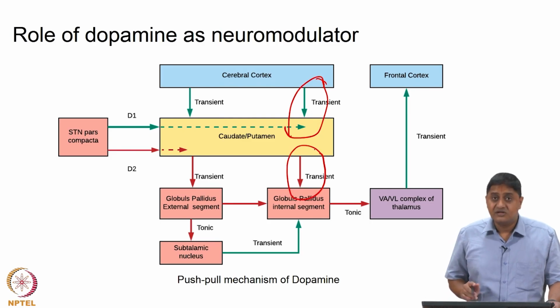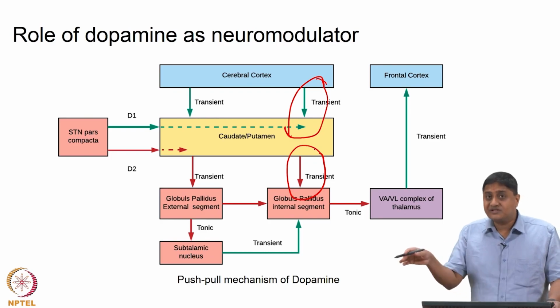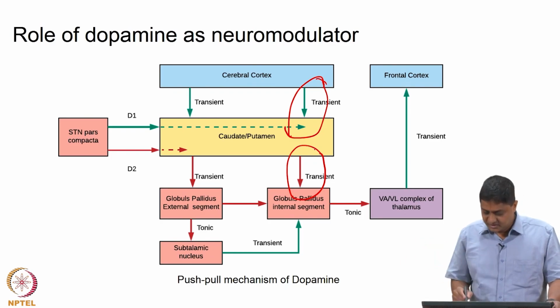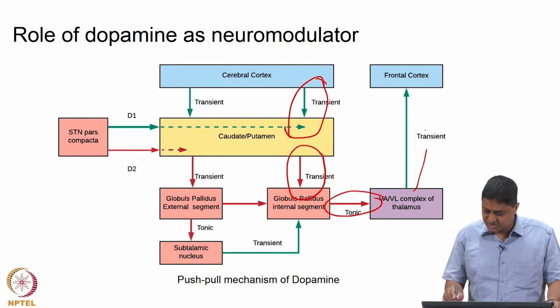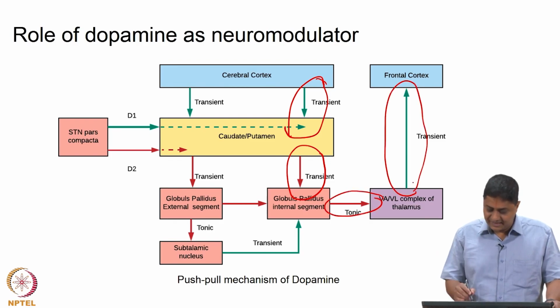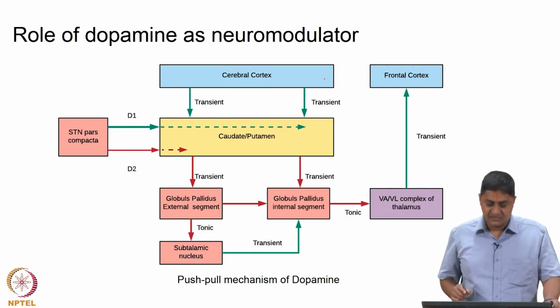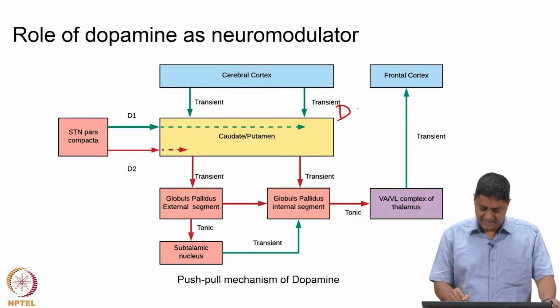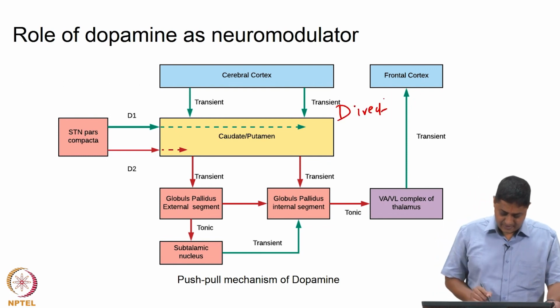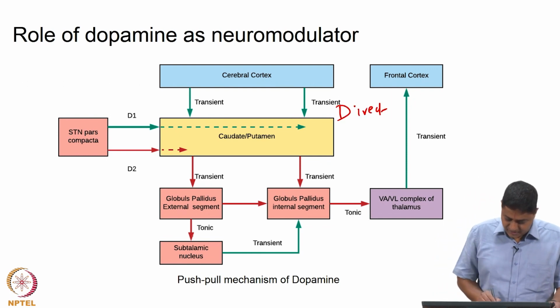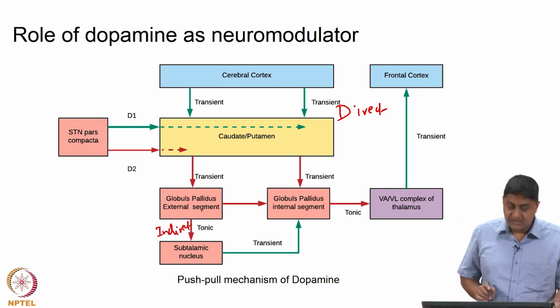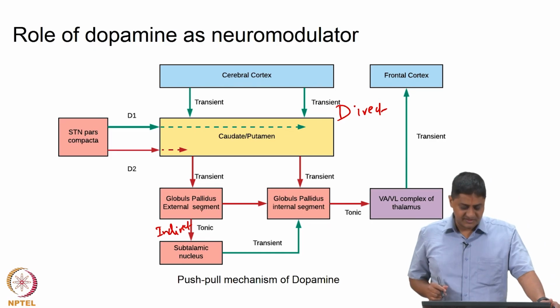That is the pathway straight from the striatum to the GPi, which is the output nucleus, and from the output nucleus to the thalamus, and from the thalamus to the cortex. So, that is the direct pathway, because it does not involve the subthalamic nucleus. And the pathway that involves the subthalamic nucleus is of course the indirect pathway, is it not.